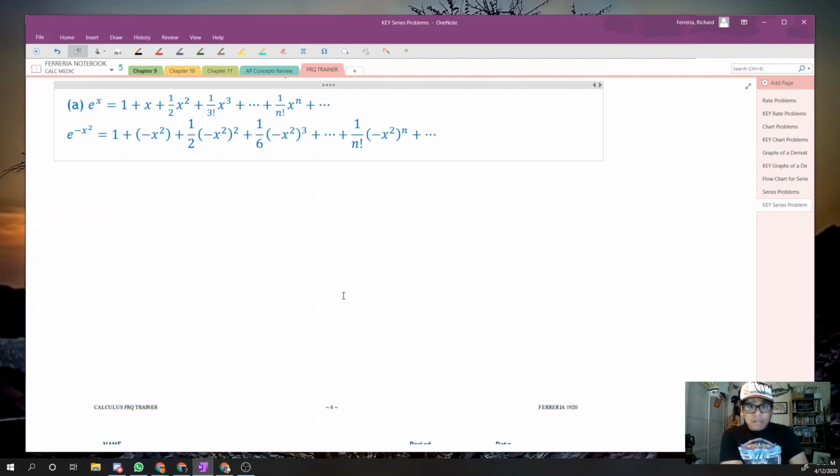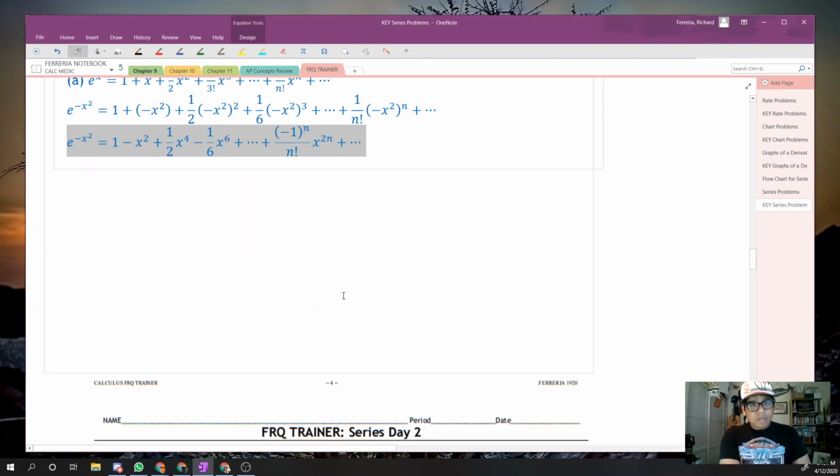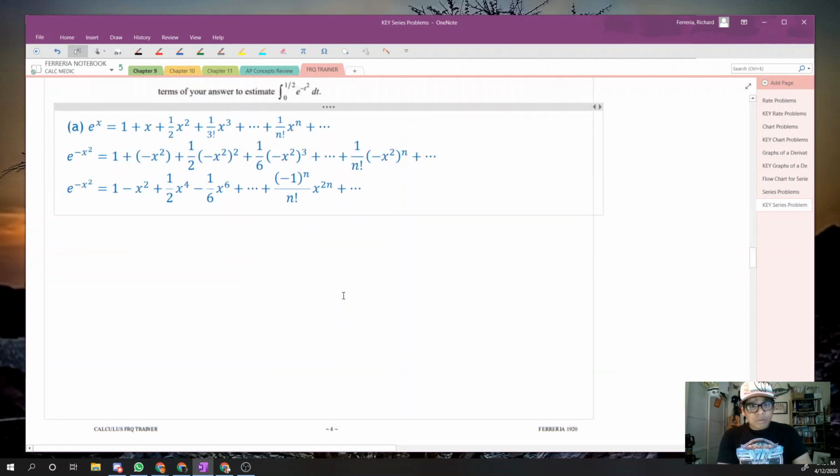Make sure that the negative x squared is always in a parenthesis, because I'd sure hate to get this problem wrong because of an algebraic mistake. Simplifying, you get this, which I believe is the answer to this. Remember that when you square the negative sign, you're going to get a positive. When you cube the negative sign, you're going to get a negative. This is where the algebra will go wrong.